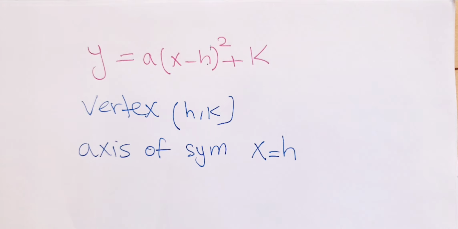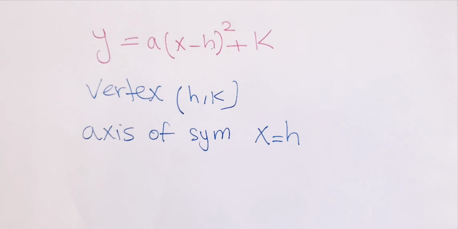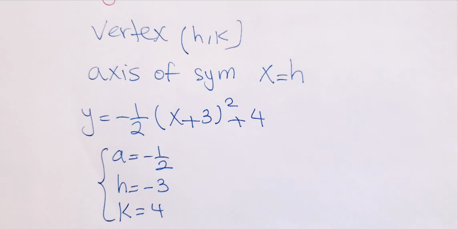Let's do a couple of examples. So here in this example, which is not in the standard format, the value of a is negative 1 over 2. The value of h is negative 3, and the value of k is 4.